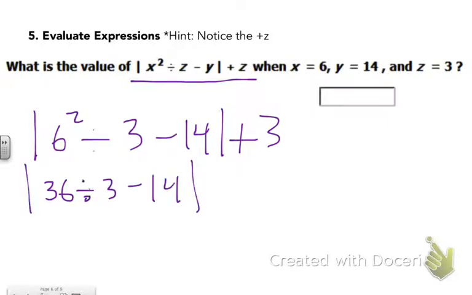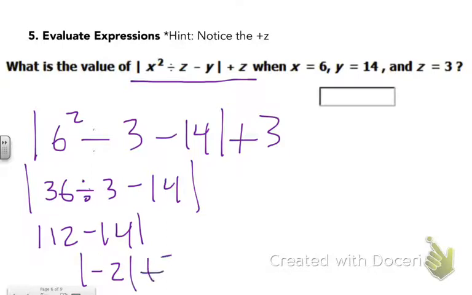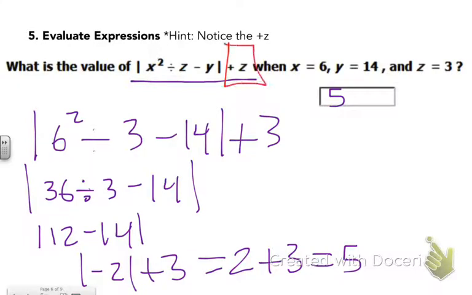Well, 36 divided by 3 is 12. Minus 14 is negative 2. But don't forget the absolute value of that is positive 2. And 2 plus 3 is 5. So the only thing you had to type in was 5. But again, I think a lot of us didn't see this extra part and just did 2. So make sure you're reading very carefully.